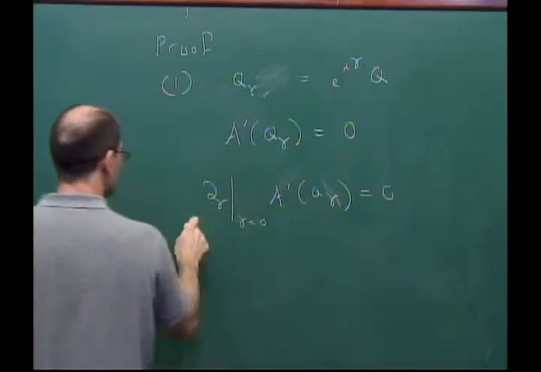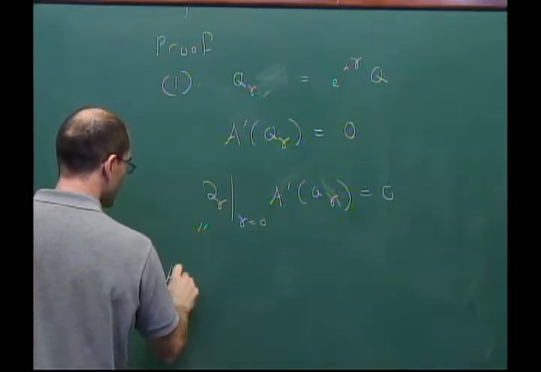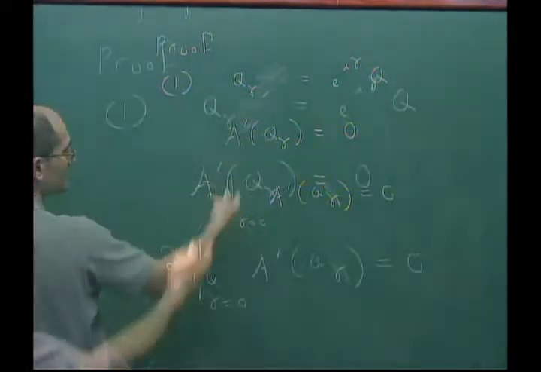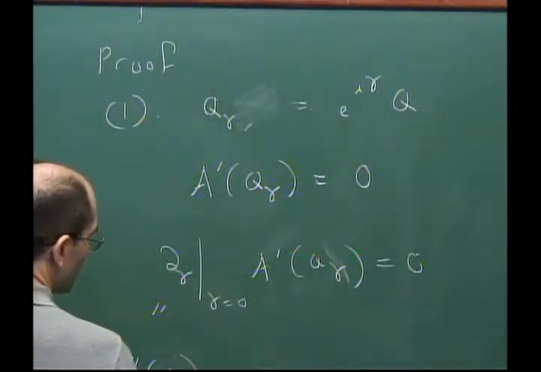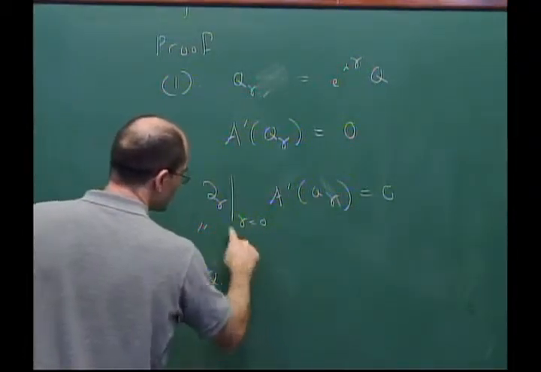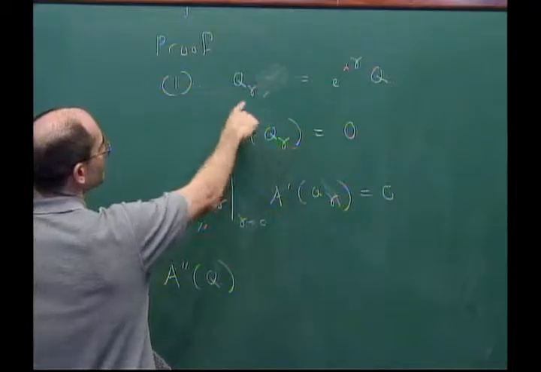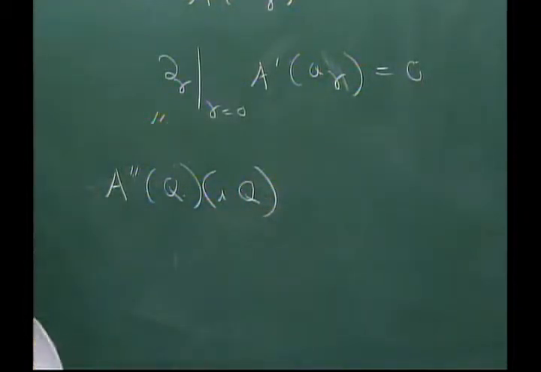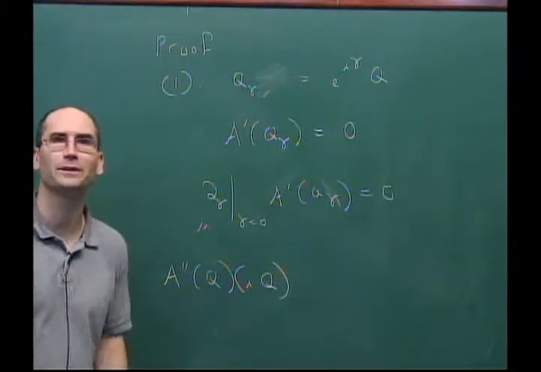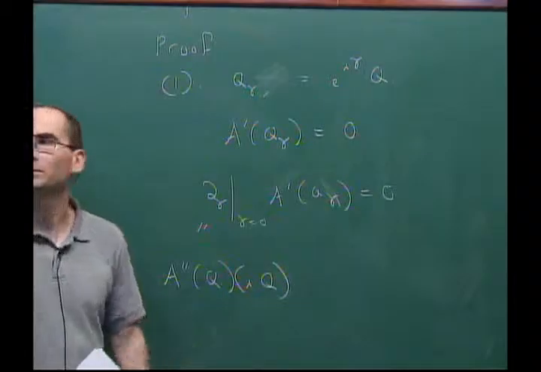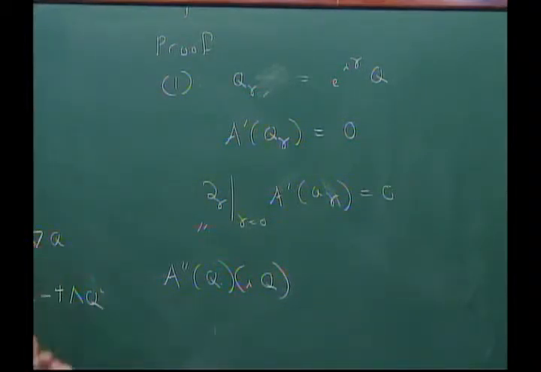And it's still 0, but this becomes A double prime of Q evaluated at 0, that's an operator, then applied to the derivative of Q gamma with respect to gamma, which is i times Q when evaluated at gamma equals 0. So that's it. And that gives you the first mapping property.